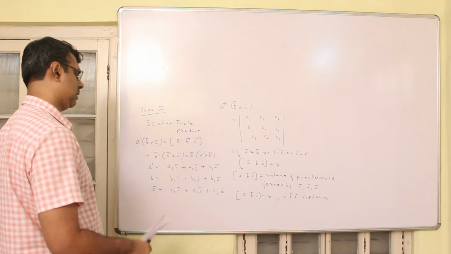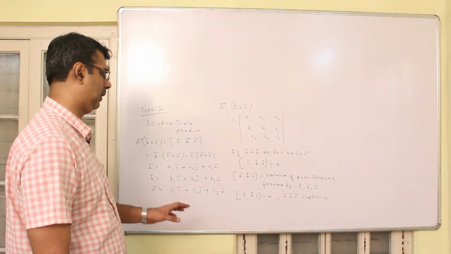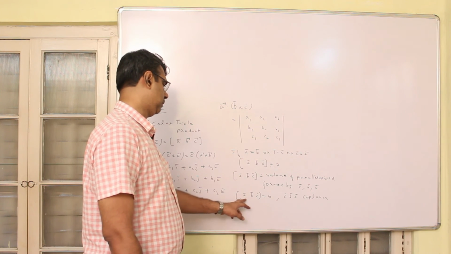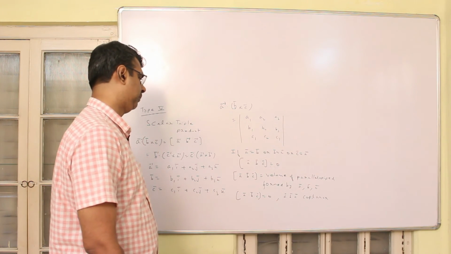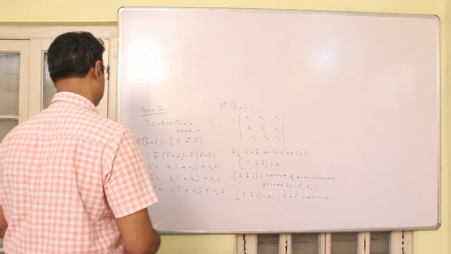So this is the best way to confirm coplanarity of three vectors. If the scalar triple product comes 0, that means the three vectors ABC are coplanar.